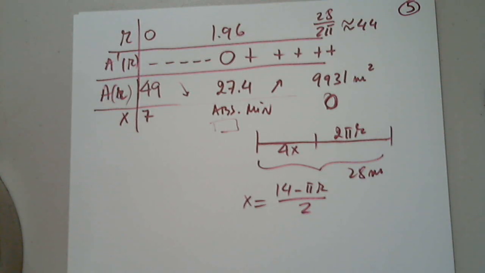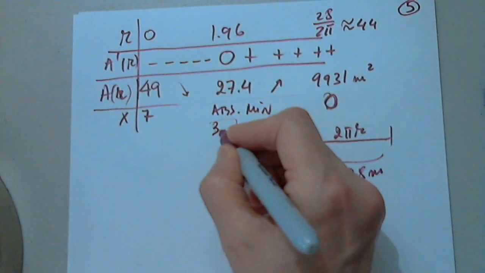So we have 14. I didn't mean that. I meant this: 14 minus pi multiplied by 1.96, close, and divide by 2. That's 3.92.